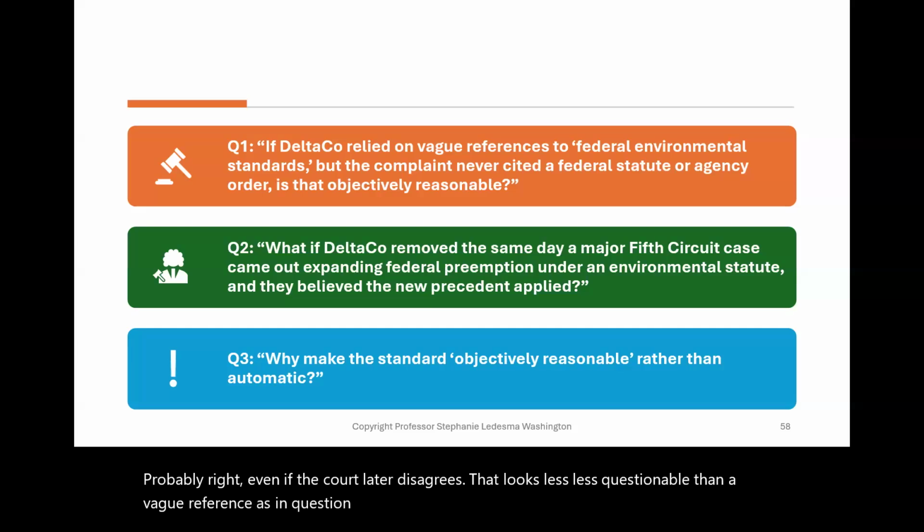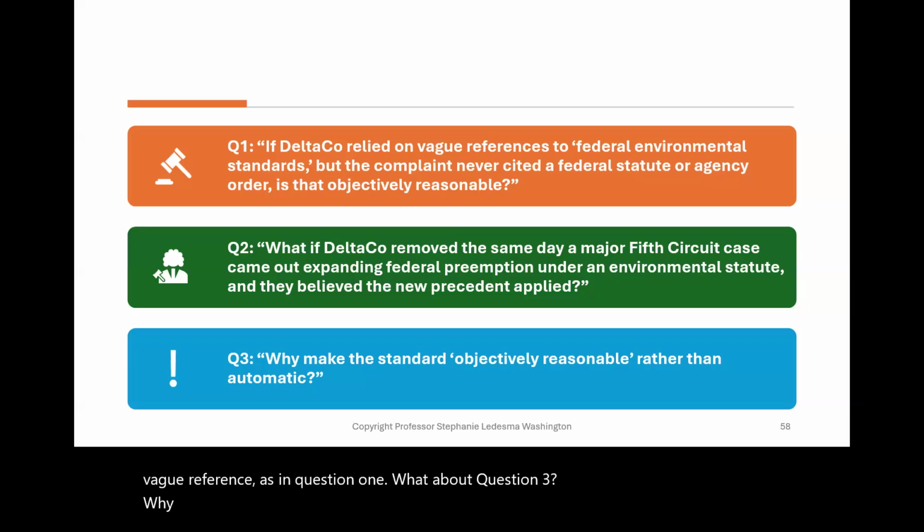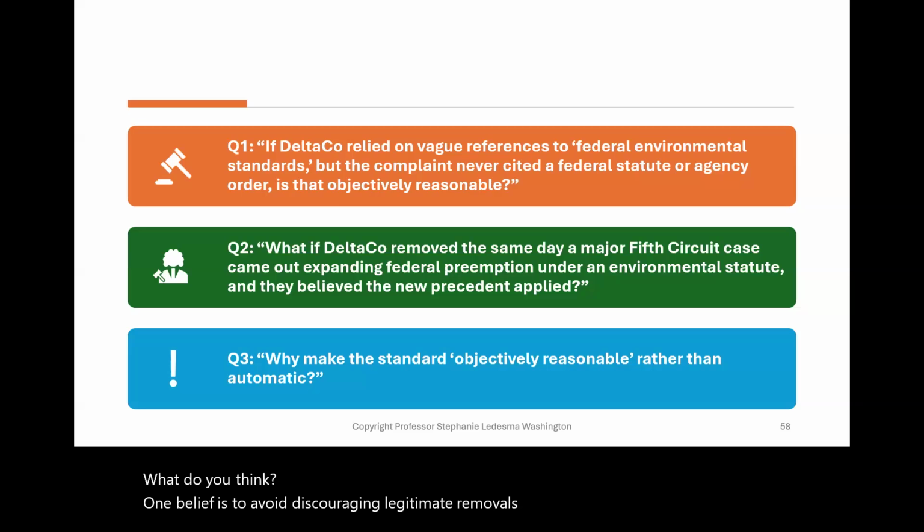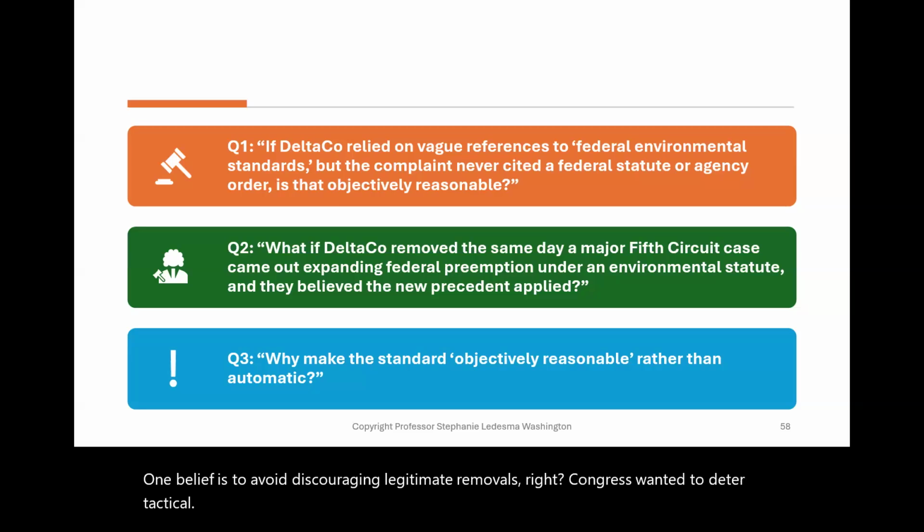What about question three? Why make the standard objectively reasonable rather than automatic? What do you think? Well, one reason is to avoid discouraging legitimate removals, right? Congress wanted to deter tactical or frivolous removals.